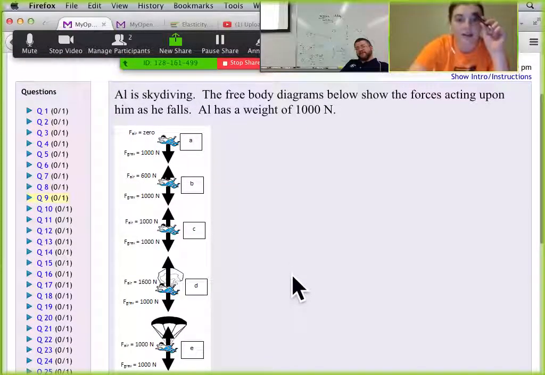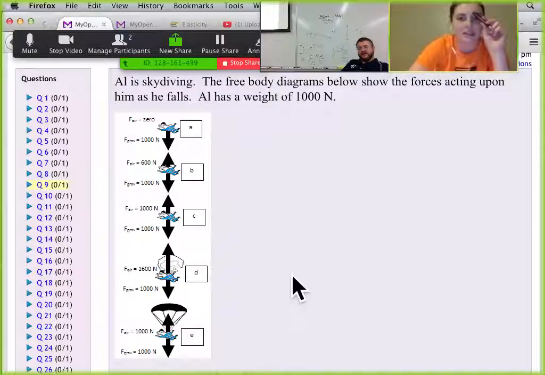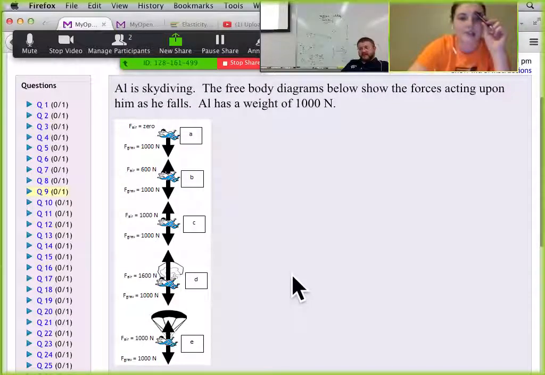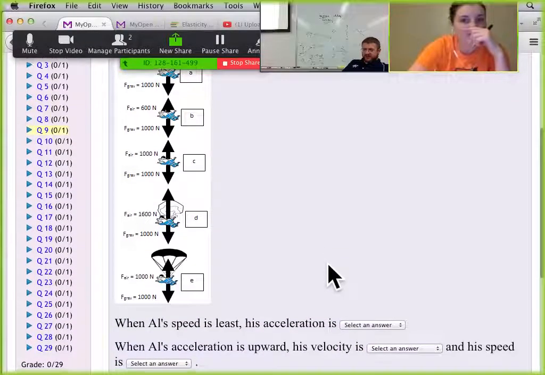Okay. The part where it asks in which positions his velocity is constant. Yep. Well, I've tried this 4 times, so I haven't gotten it right yet. So, what makes for constant velocity?